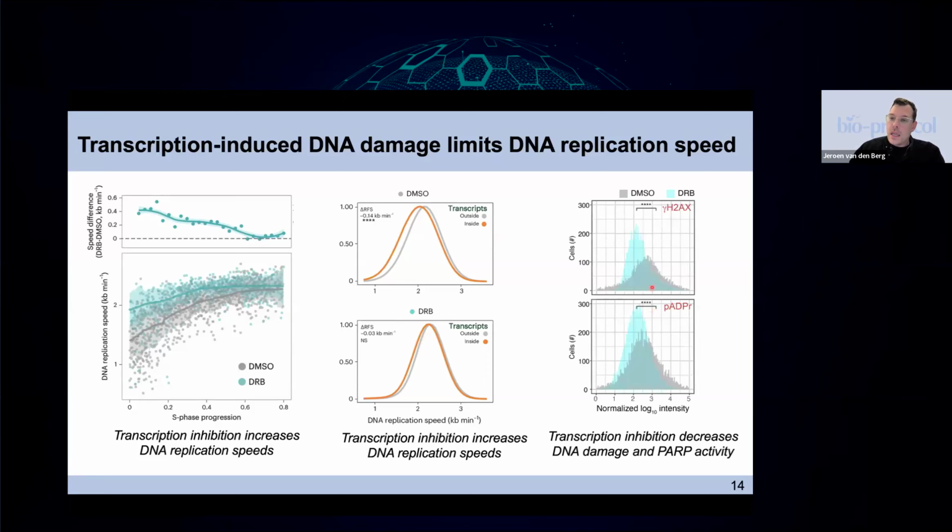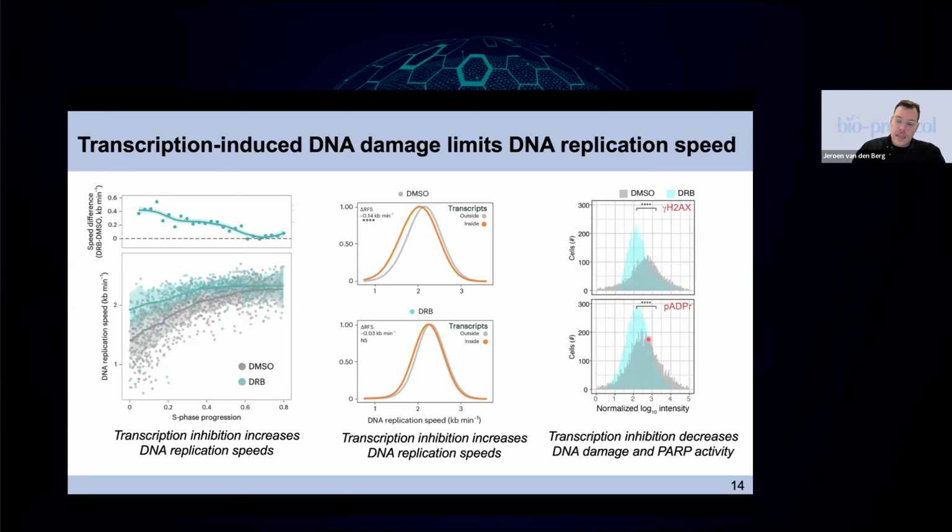So what we did is, in a flow cytometry assay, ask what now happens with these two DNA damage markers if we treat cells with an RNA polymerase II inhibitor. And what we observed is that both gamma H2AX, which is a phosphorylated histone variant, decreases in the DRB condition, so here in cyan, and ADP ribose as a readout for PARP activity also decreases.